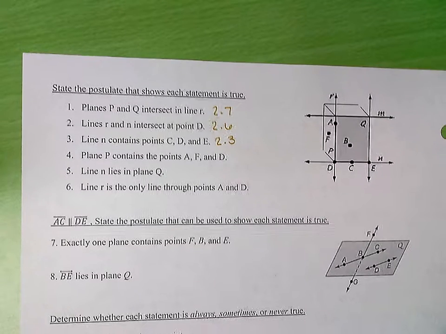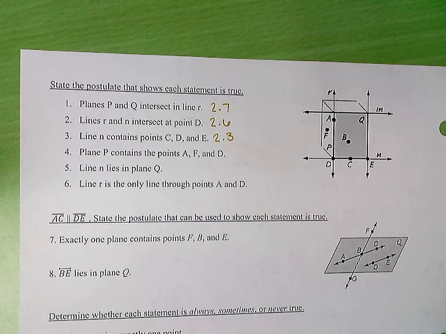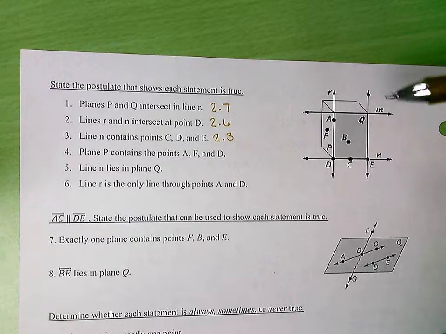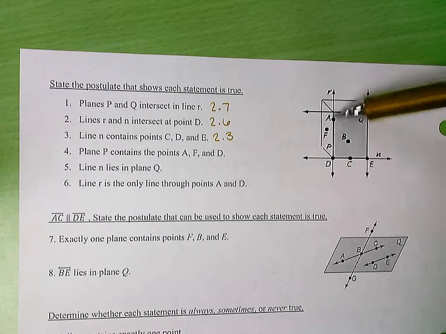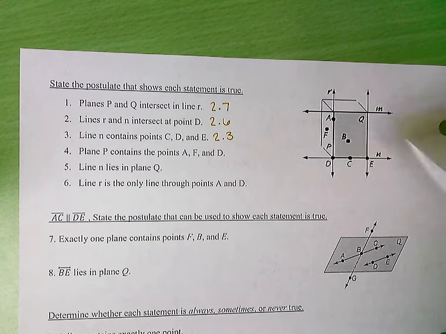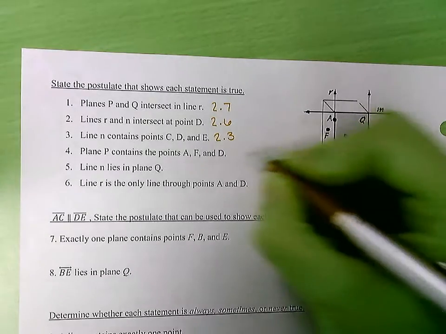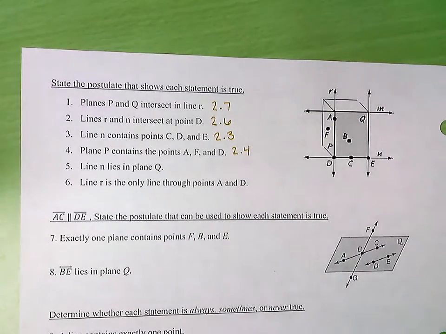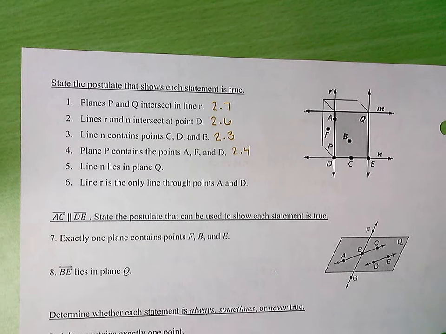Number 4, plane P contains points A, F, and D. So a plane contains points. Plane P is right here. Oh, it is 2.4. The next one, number 5, line N lies in plane Q.